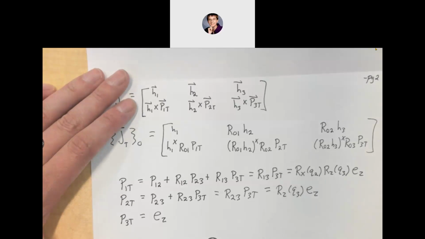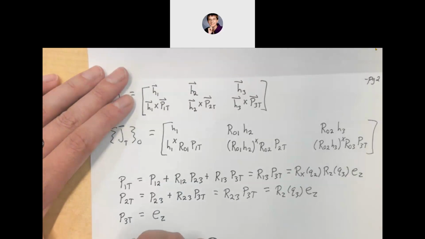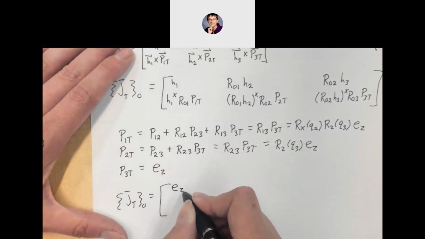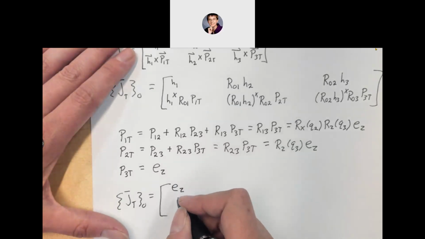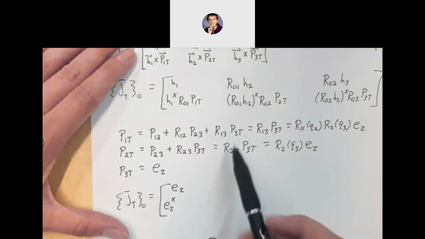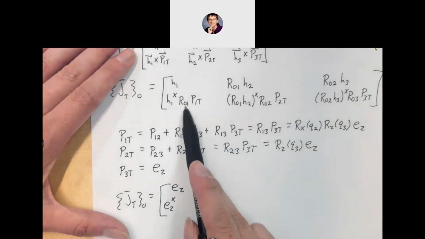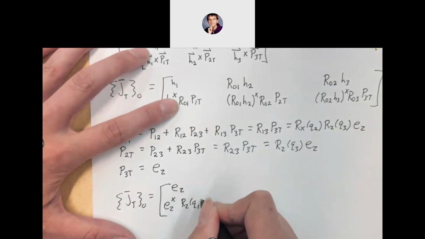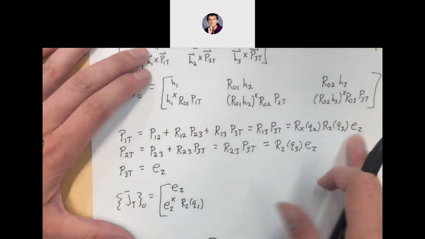So now we just have to plug in all of our information into our Jacobian. So we have H1 is easy. And we have H1 cross, and we're going to have RO1 times P1T.